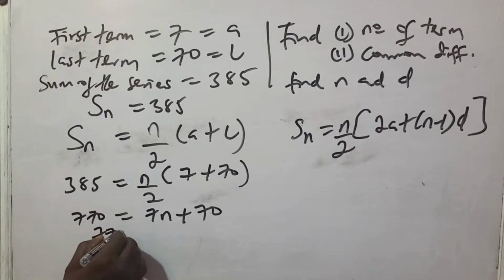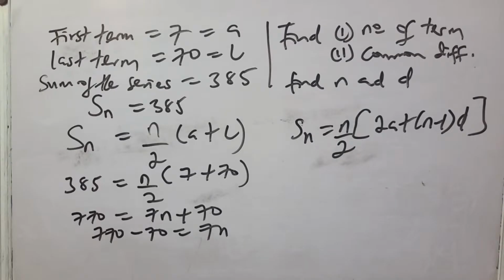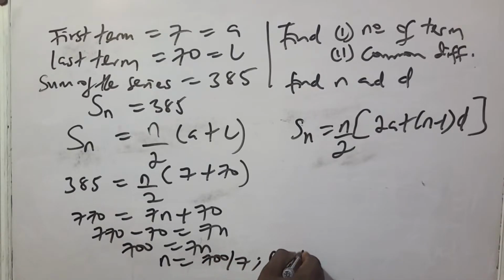So 770 minus 70 equals 7n. Is that correct? Good. So this is 700 equals 7n. Of course, my n here will be 700 over 7, which will be what? 10? Is it 10 or 100?